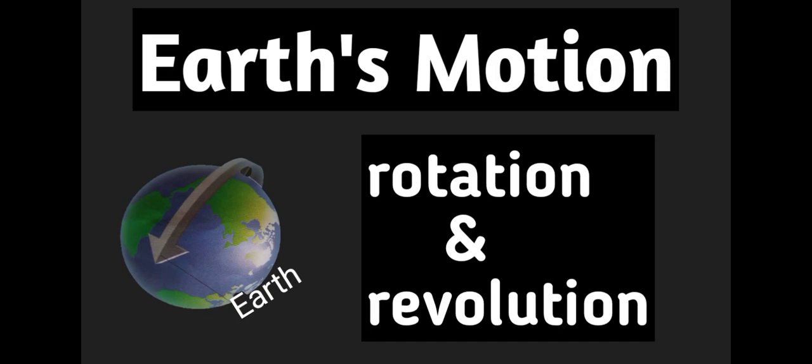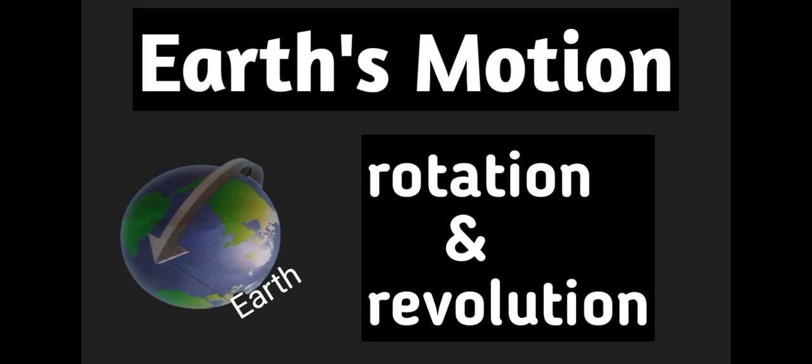It rotates from west to east and completes one rotation in 24 hours. The rotation of the Earth causes day and night. As the Earth rotates or spins on its axis, sunlight falls only on one side of it.